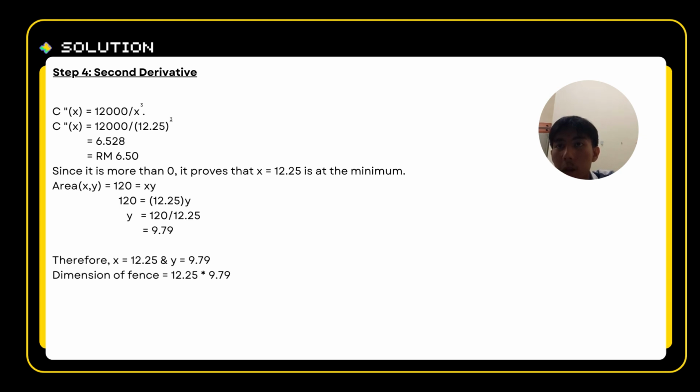So when we convert it into ringgit, it will become RM 6.5. Since it is more than 0, it proves that x equals 12.25 is at the minimum.